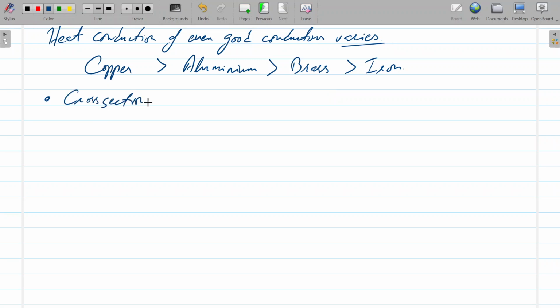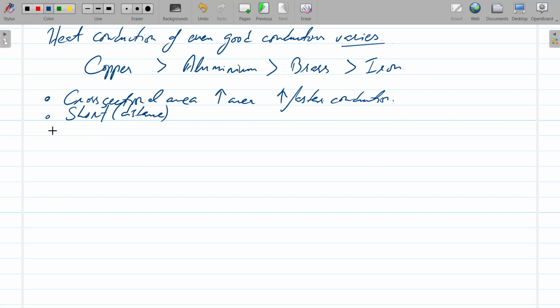The more the cross-sectional area, the faster the conduction. How short or long it is, so distance basically: the shorter it is, the faster it is. And how big is the temperature difference? The greater the temperature difference, the more conduction will take place.